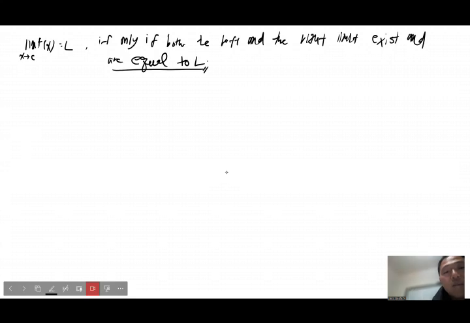So basically, the L number should be the same whether x comes from the positive direction or the negative direction.